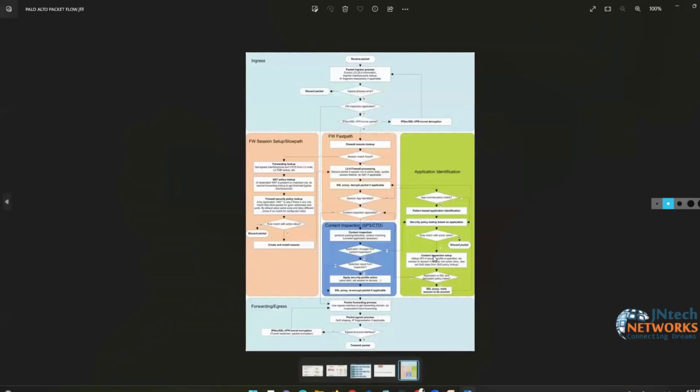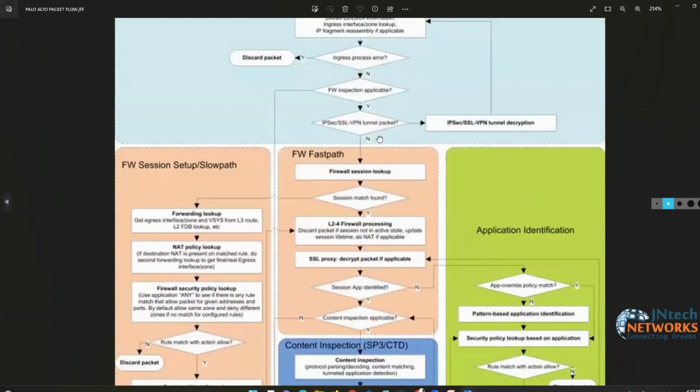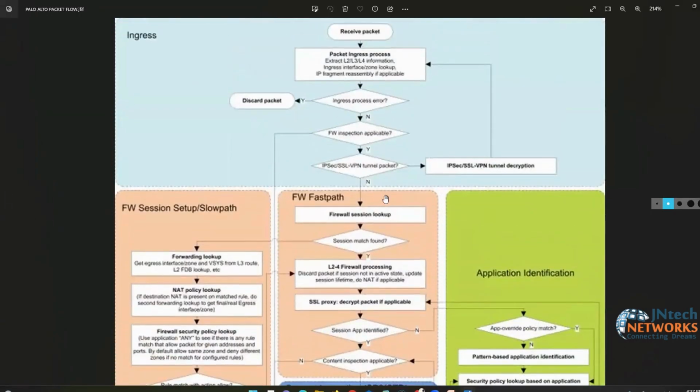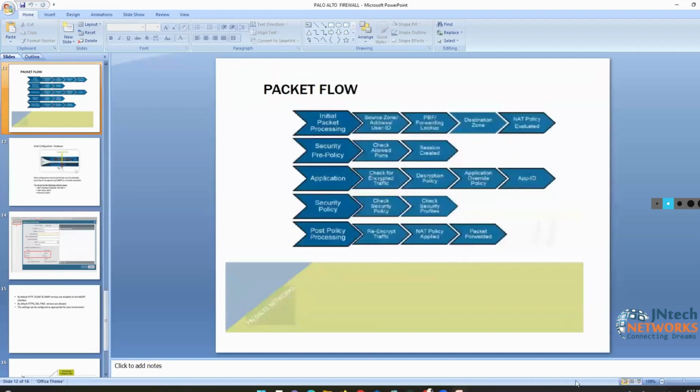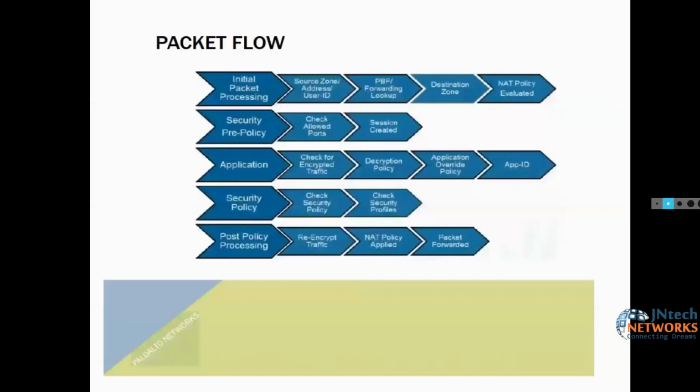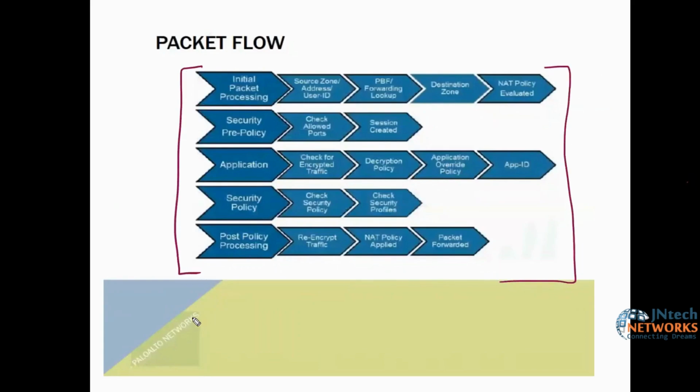We have a deep option; we can discuss the slow path and fast path option, but right now I'm giving you the basic idea about packet flow. If traffic is going to hit the Palo Alto firewall box, how will the firewall process the traffic? So this is your complete Palo Alto firewall device.